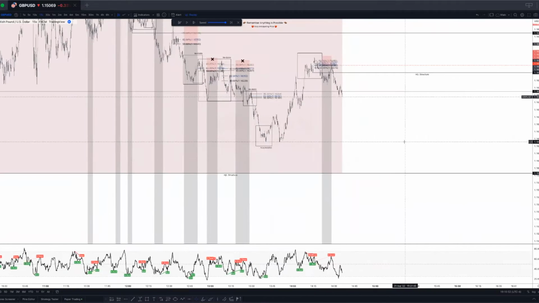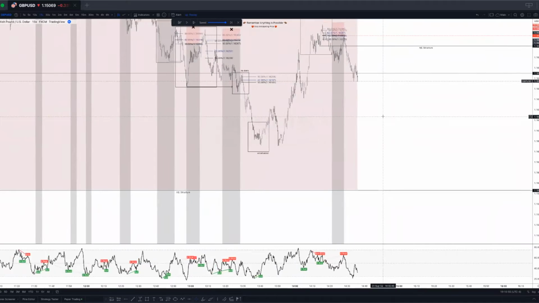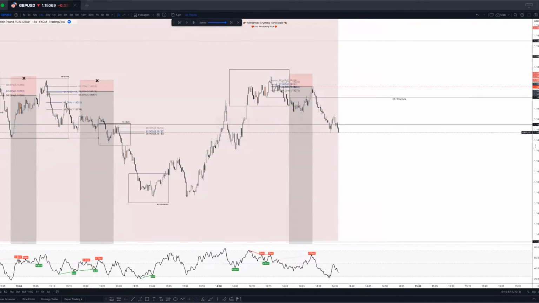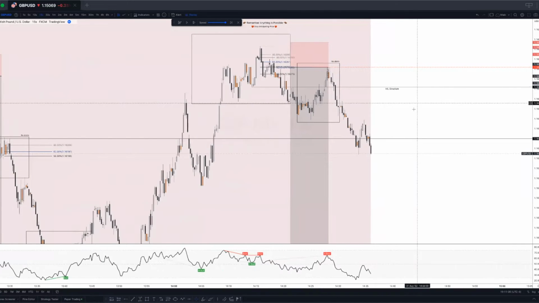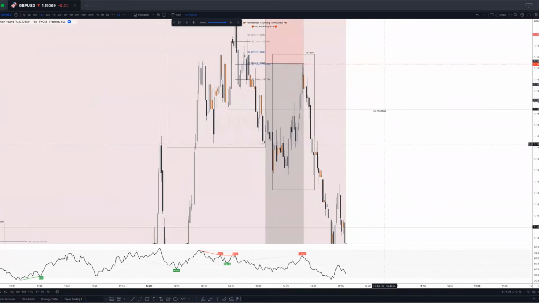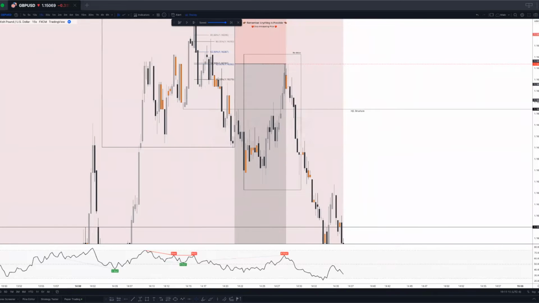All right, so we're in this one. Just confirmed again on a redistro. This is a redistro, and if I were to measure this out from the push, this is where it pushed. Measure out the whole leg now.